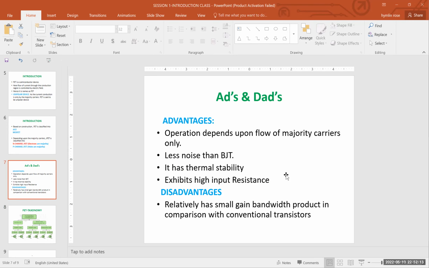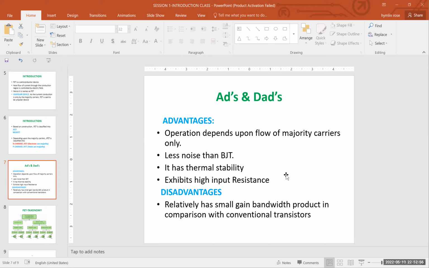So what are the advantages and disadvantages of FET? It operates depending upon the flow of majority carriers only, so the conduction is through only one type of carrier. So there is less noise, whereas high noise is the disadvantage of BJT. It has thermal stability, meaning the breakdown doesn't happen as fast as in the BJT case we discussed earlier. It exhibits high input resistance, which solves the low input impedance drawback. Impedance Z is equal to R plus jXL, and here the impedance is approximately equal to resistance without any reactance term.